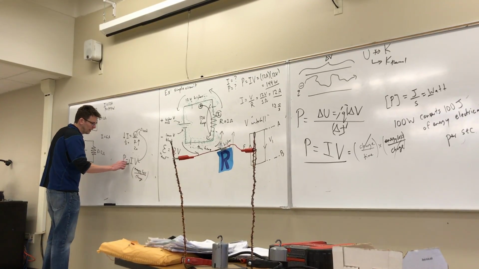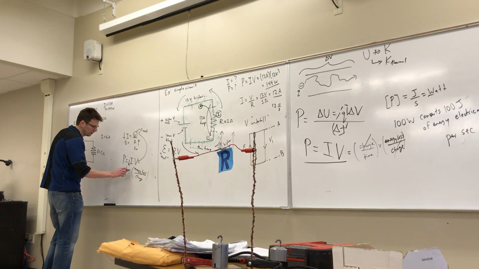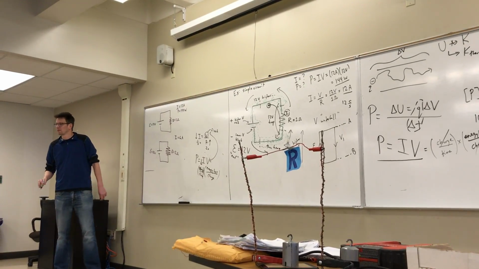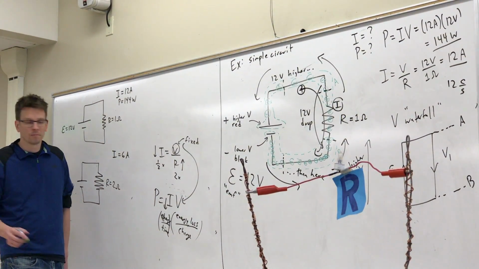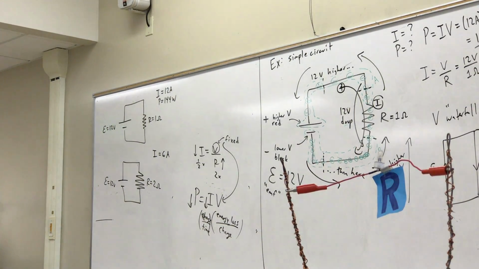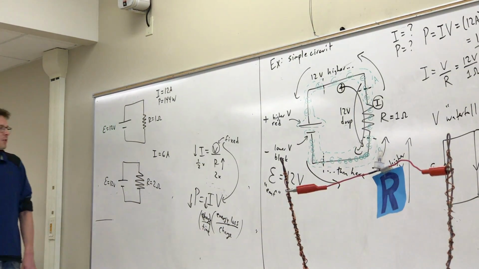So if the current is less, there's not as many charges flowing through per time. So what's going to happen to the power? It drops. And since they're directly proportional, the current is halved, so the power is going to be halved, right?